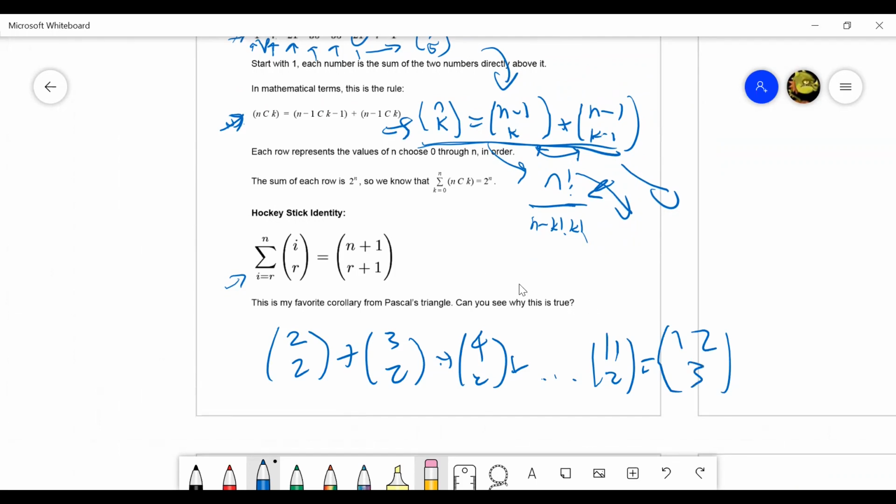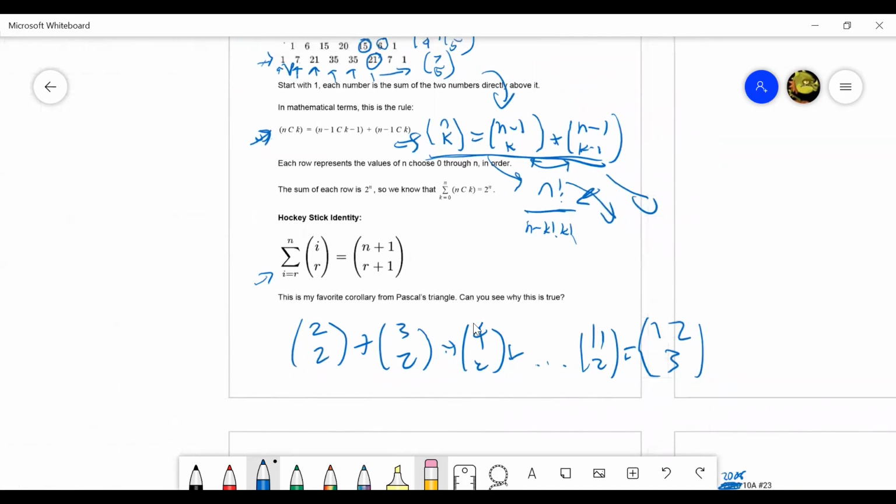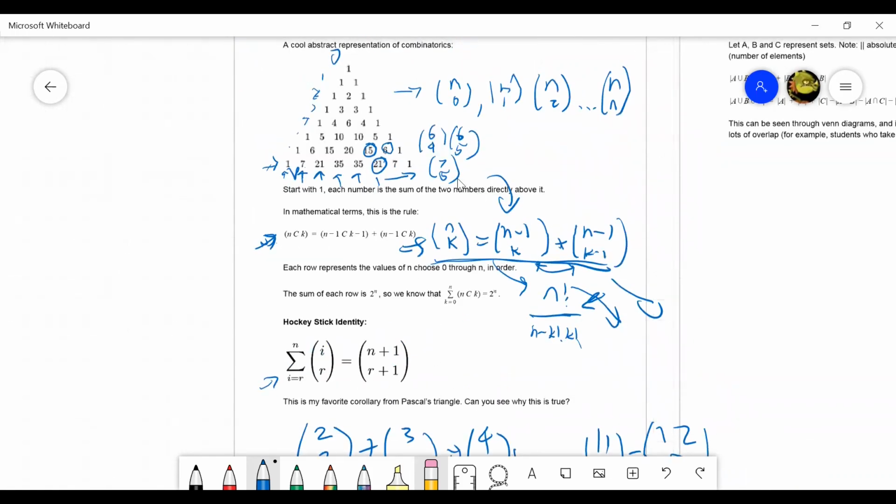And yeah, it's kind of cool that you can have all of these combinatorial expressions that don't seem like they should add up to a neat number, and it just does. And as I wrote here, this is my favorite corollary because you can prove this directly from looking at Pascal's triangle.